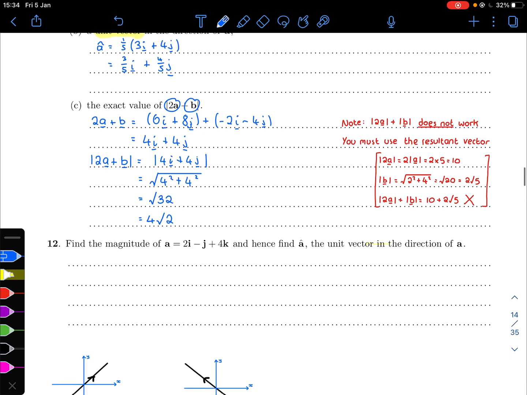Next one, we've got magnitude and a unit vector to find, the unit vector in the direction of A. So it's building up to it. It's asked us to find the magnitude. Pythagoras first, 3D Pythagoras. So that's square root of 21.